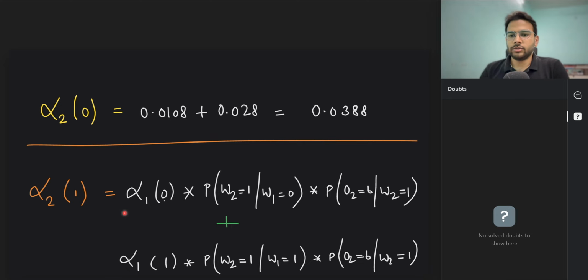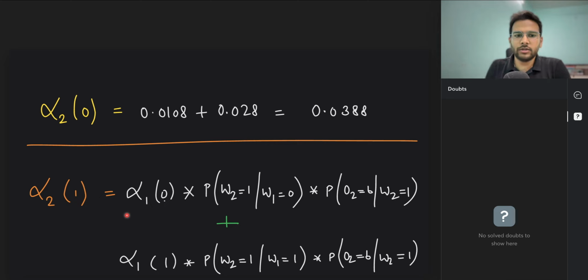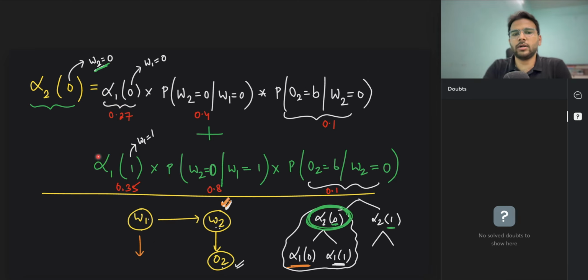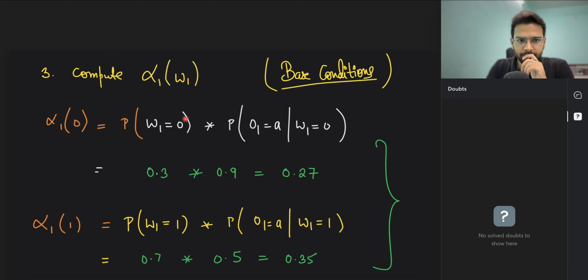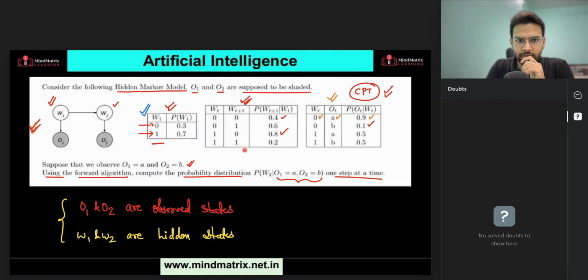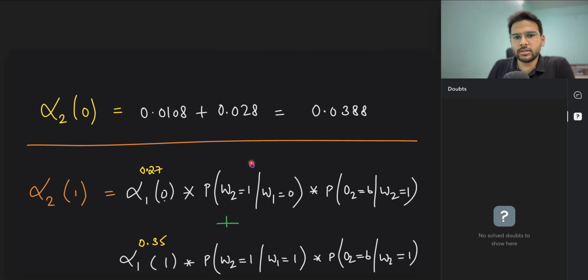Okay. So now we can substitute the values. Alpha 1 of 0 is nothing but 0.27, and this is 0.35. And what about this one now? Probability of W2 is equal to 1 given W1 is equal to 0 is 0.6, and given W1 is equal to 1 it is 0.2.